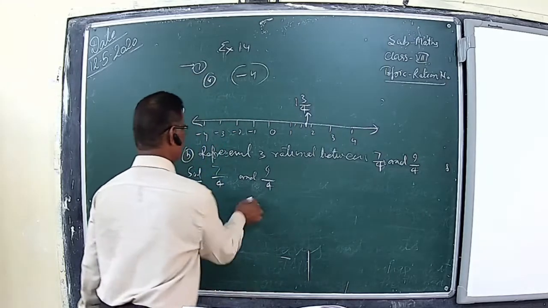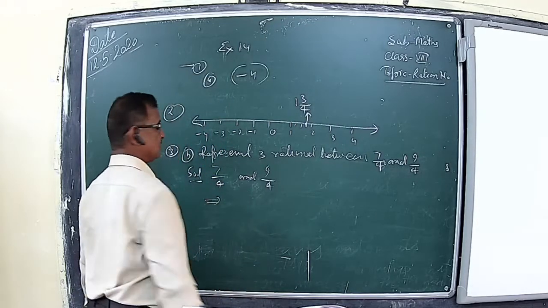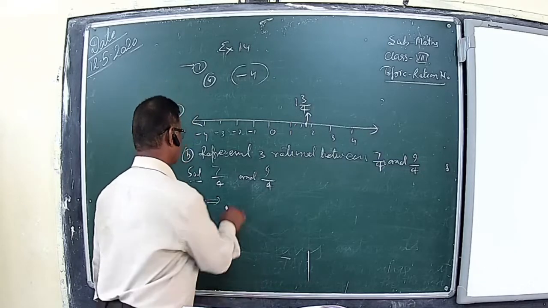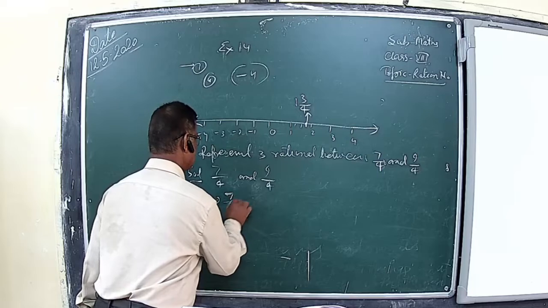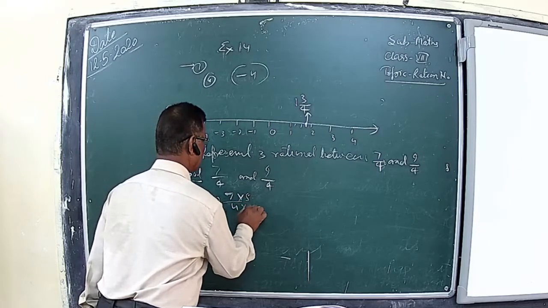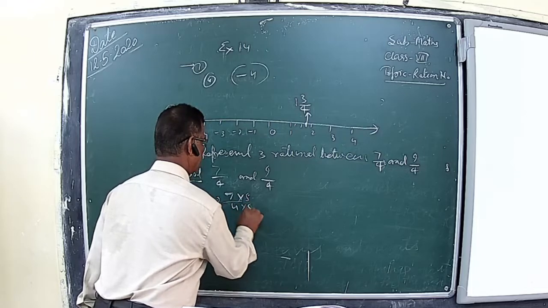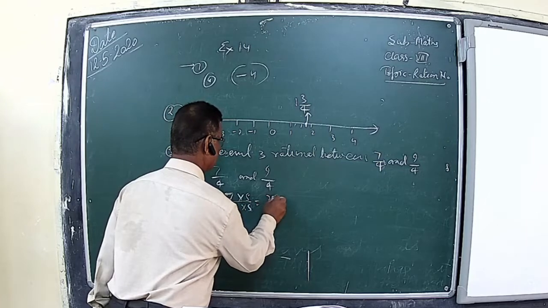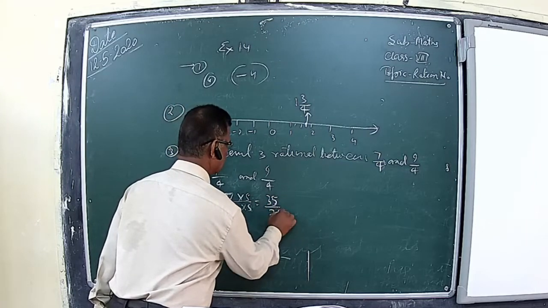So that the denominators are the same, change these rational numbers into larger equivalent rational numbers. That is 7 upon 4, multiply by 5 with numerator and denominator, that becomes 35 upon 20.